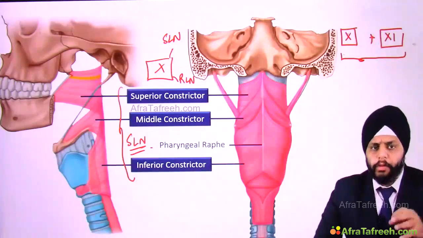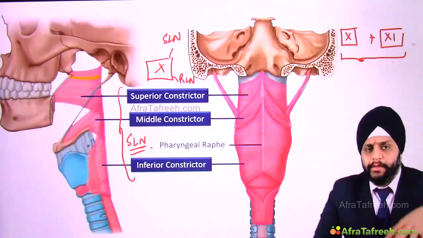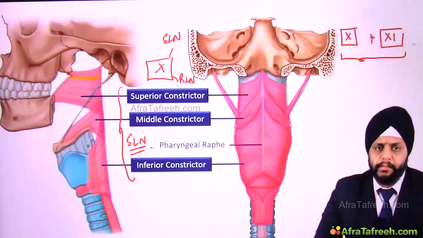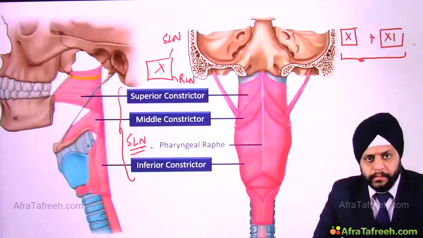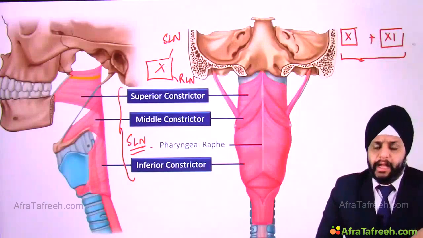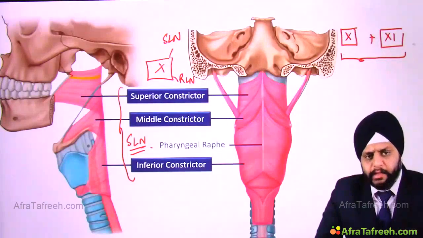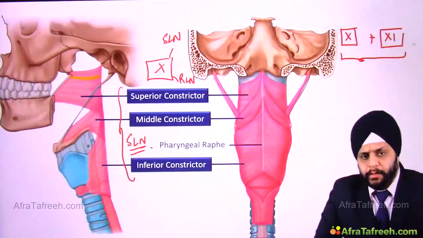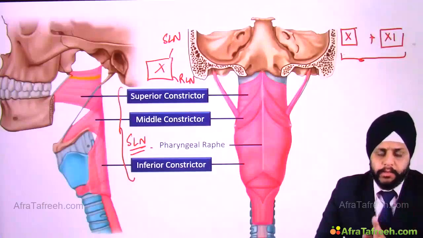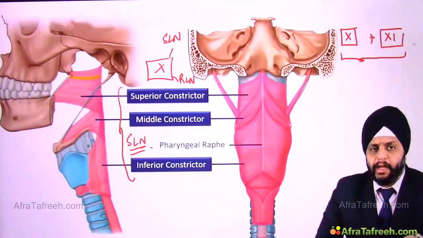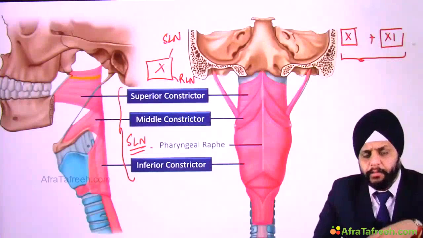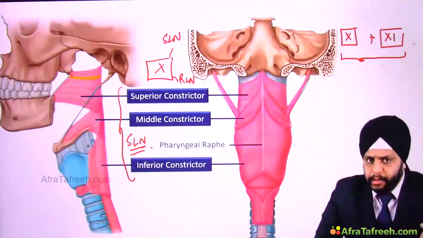All right. So if somebody asks you which nerve is supplying these constrictor muscles, the answer is vagus. If it is asked which fibers this vagus nerve is carrying, remember it is carrying the fibers of the 11th, the accessory nerve.